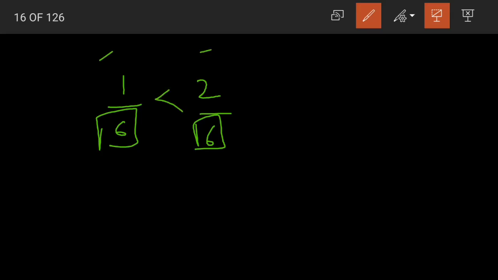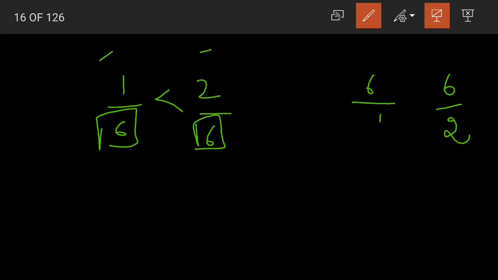The one with the greater numerator will be the greater fraction. But suppose this is 6 by 1 and 6 by 2. Here the numerators are the same and the denominators are different.